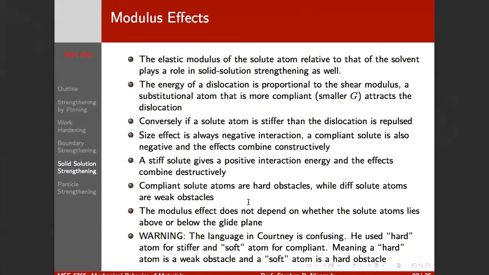So he ends up with weird language in there saying that a hard atom is a weak obstacle and a soft atom is a hard obstacle, right? So just be a little careful when you're reading through, and when he's talking about modulus effects, replace hard and soft with stiff and compliant, and then it all makes sense. Okay?